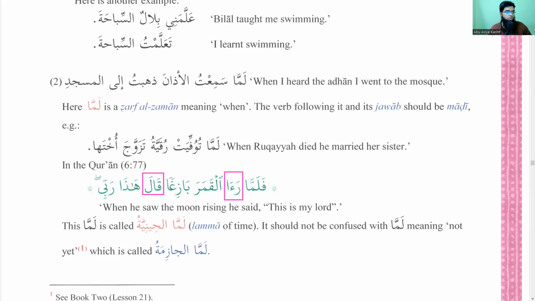Totally, I see lamma used 166 times in the Quran. 166, so very common. That's a lot, more than 150 times. And it could be both. It could be "not yet," but "not yet" is very uncommon in the Quran, from what I remember.